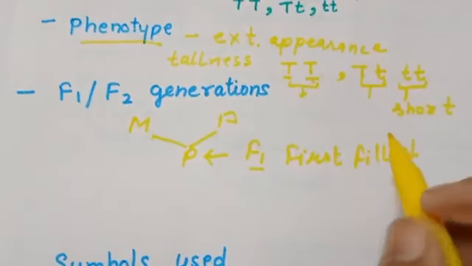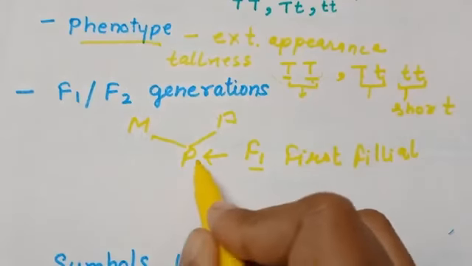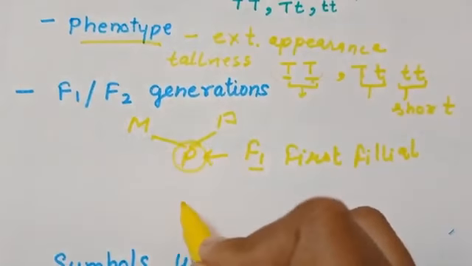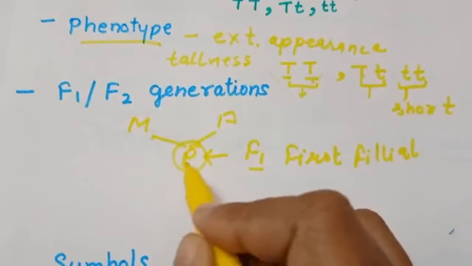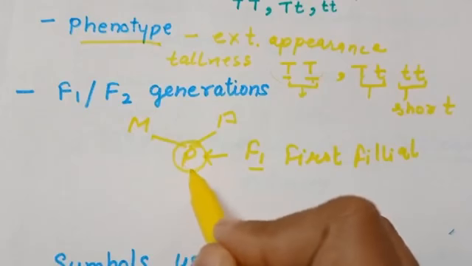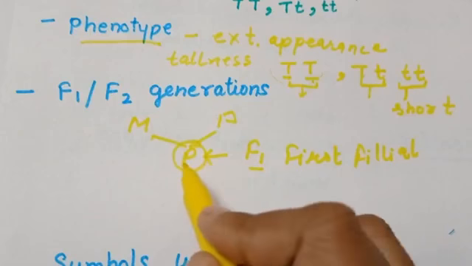generation. Now when the first generation progeny cross among themselves, if we have sexual reproduction, then we can have one or two.